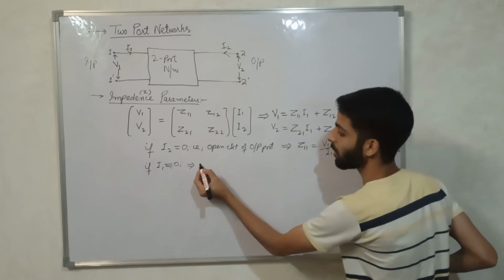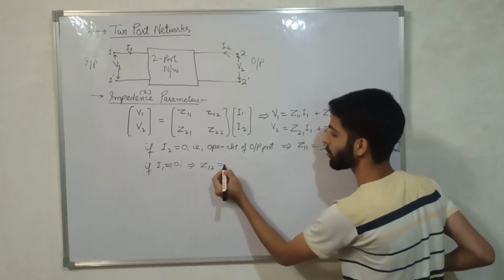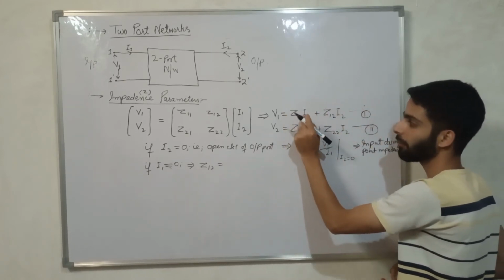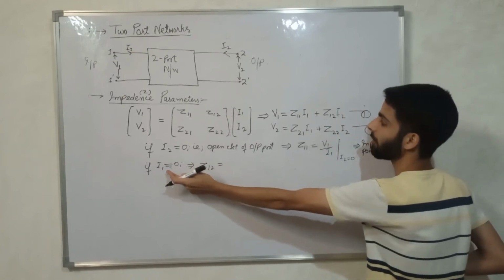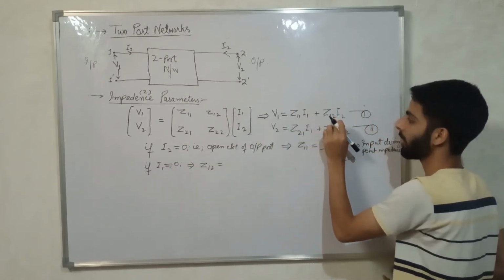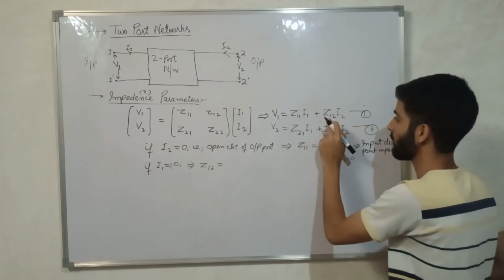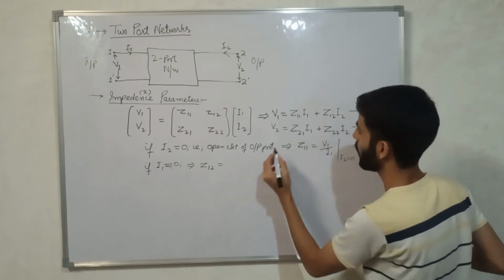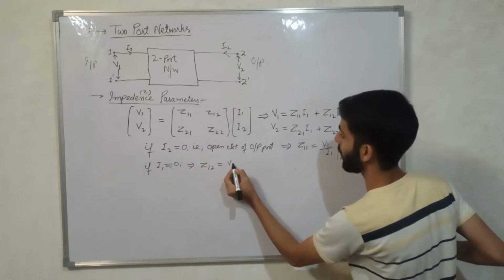Z12 will be equal to, since this expression is no more there because we have assumed I1 equal to 0, only V1 and Z12 I2 is there. So Z12 will be equal to V1 upon I2.